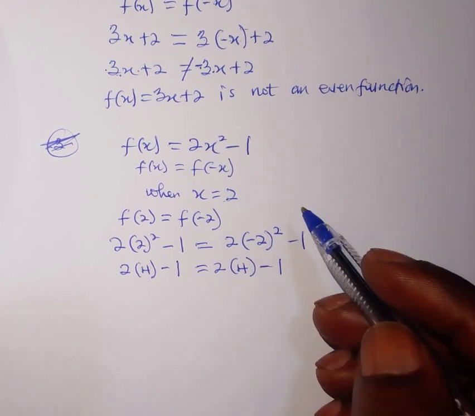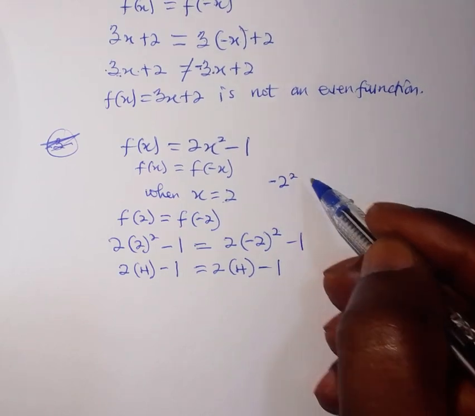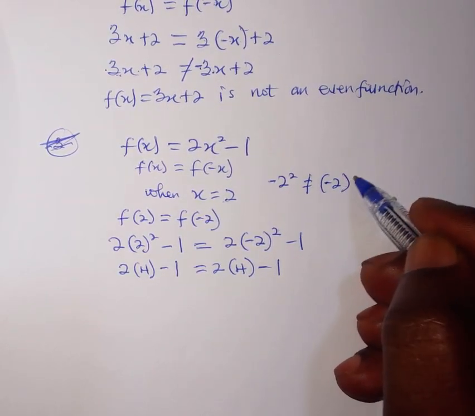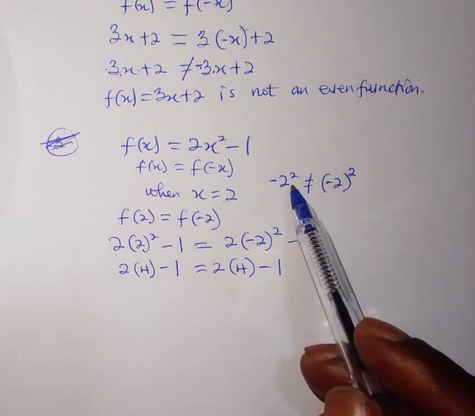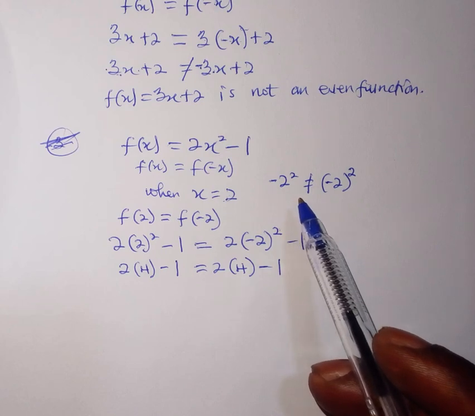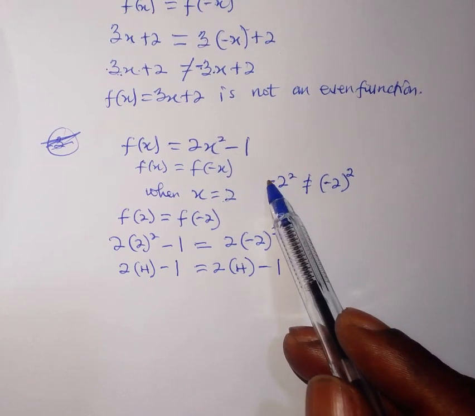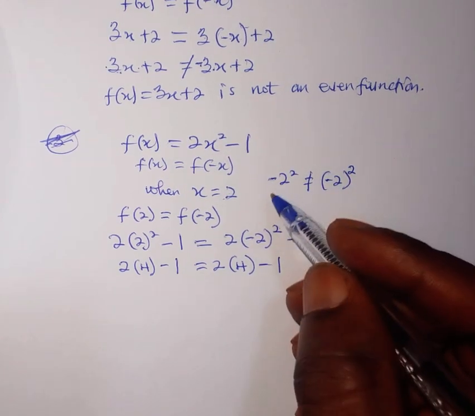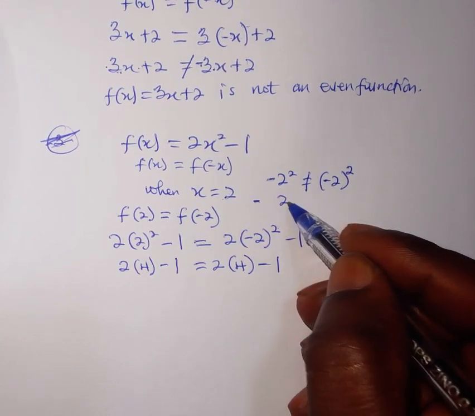But please remember this. Note that negative 2 squared is not the same as negative 2 in brackets, squared. Note this. Most times students make this mistake. They think that when they see this, it is the same as this. No, what this means is that the negative is somewhere and my 2 squared is somewhere else.